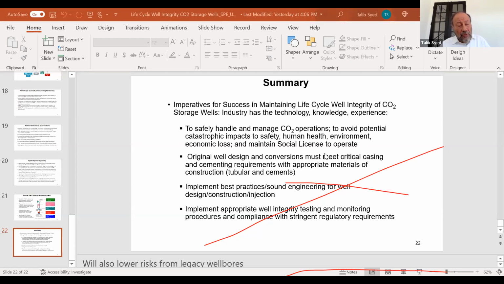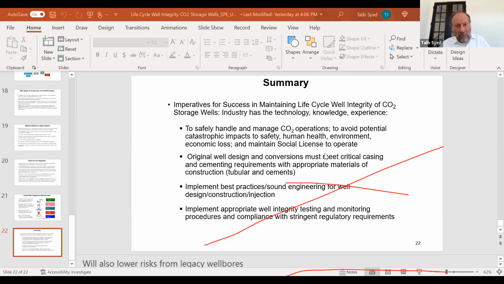And on the cost, there was some question in this morning session of what the cost will be for a Class 6 well. Depending upon the depth of the well, let's say it's about 6,000 to 8,000 feet, the well cost can be anywhere from 2 to 5 million. Now if you add DTS, DAS for monitoring and all the other things, that's where the cost goes up.